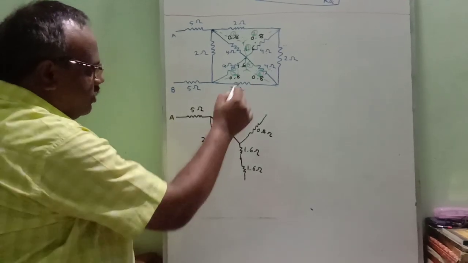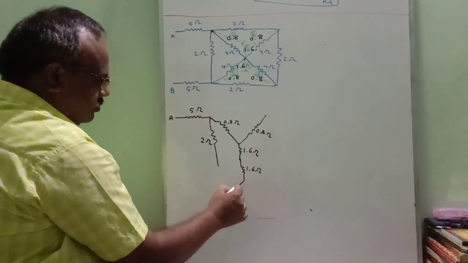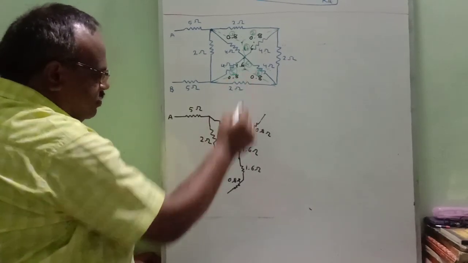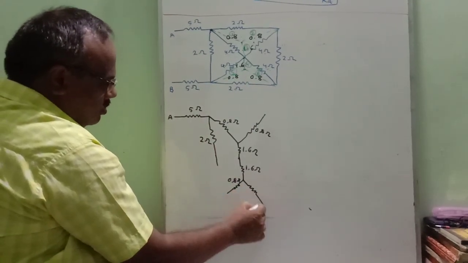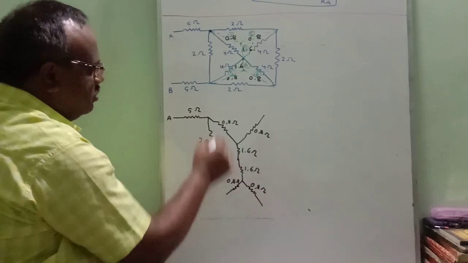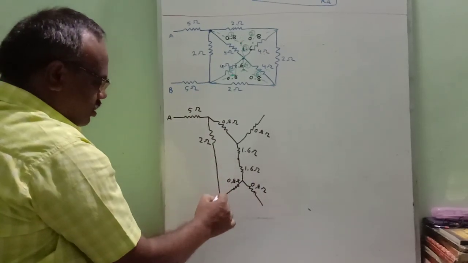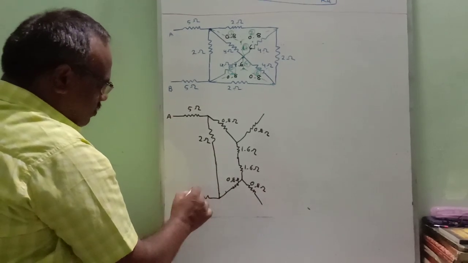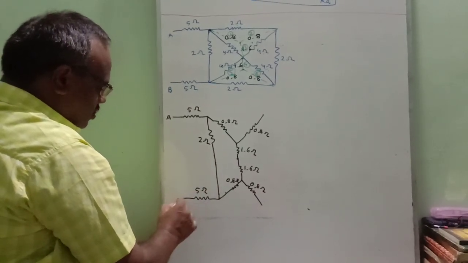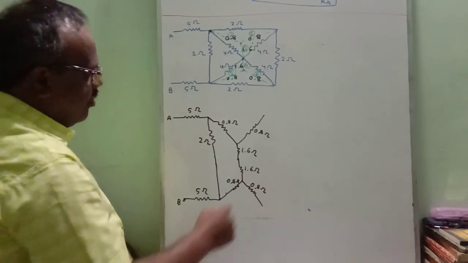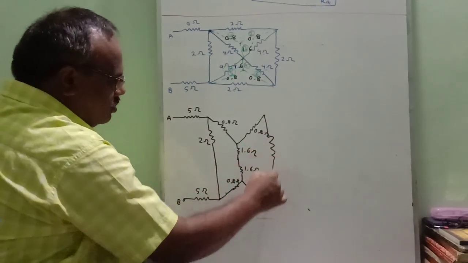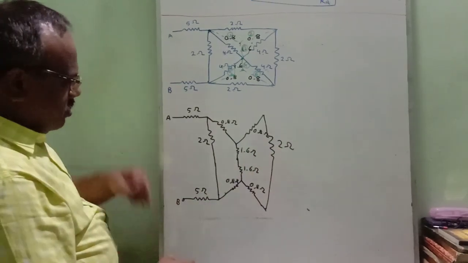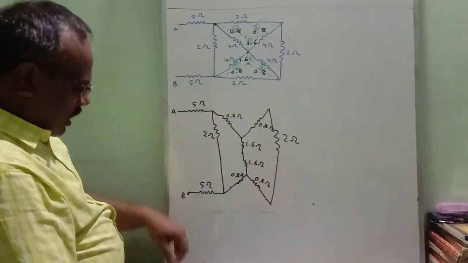Now from this point 0.8. From this point 0.8, and you are going to this point, and this is your 5 ohm. This is your B. Now in between these two, there is 2. Now you solve for series and parallel.